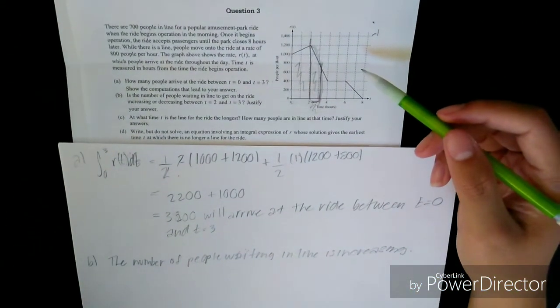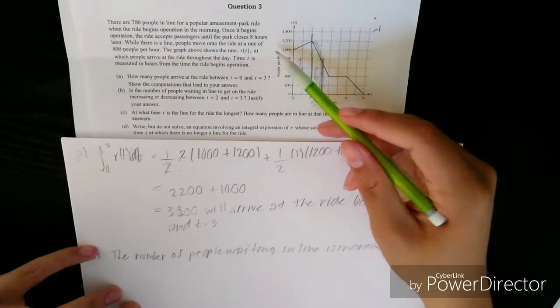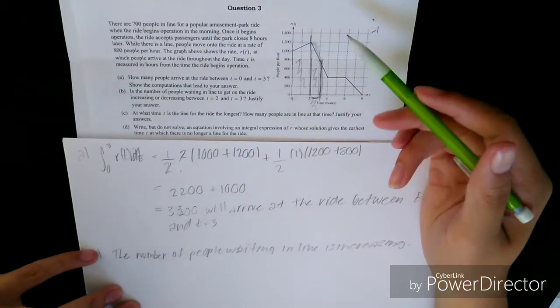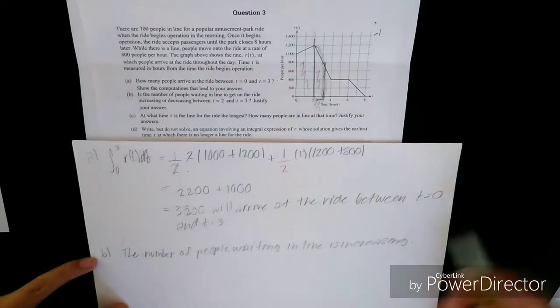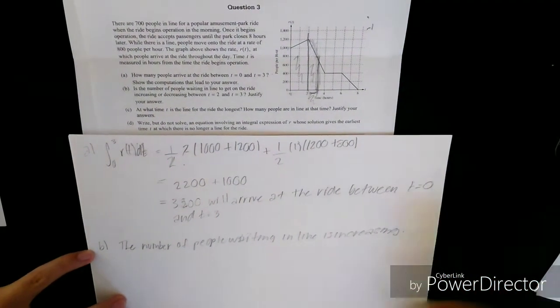Now we also know that people move onto the ride at a rate of 800 people per hour.